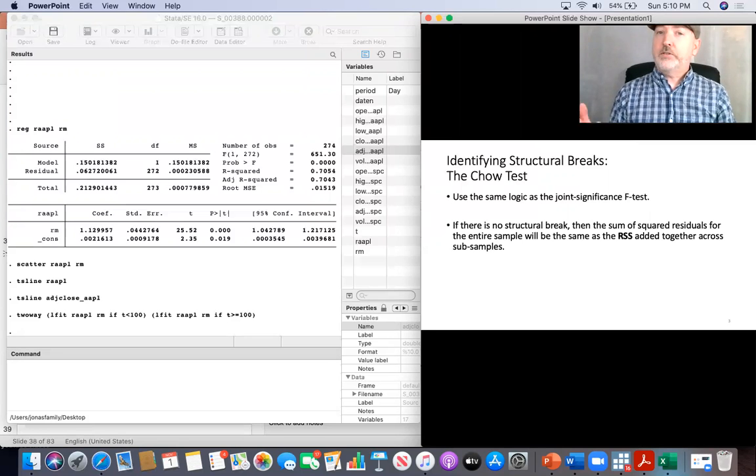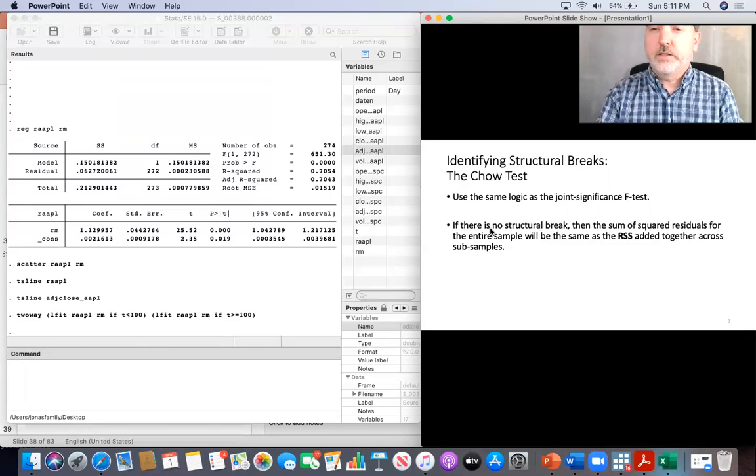And then we're just going to ask, okay, does that difference in the performance of the model under those two circumstances come out as significant? That's the trick, is putting that comparison into a statistic following a known distribution with critical values, and that's going to be our F statistic.